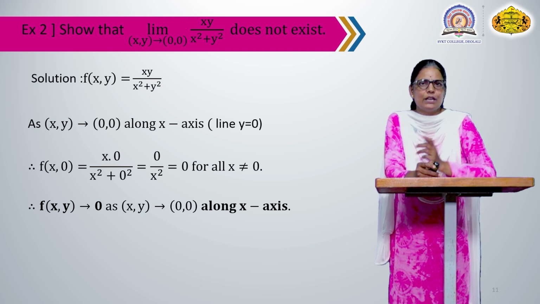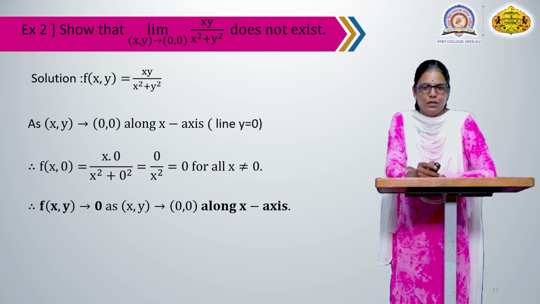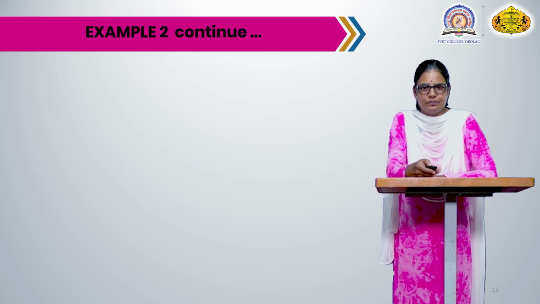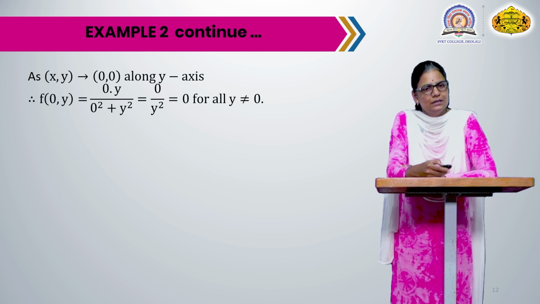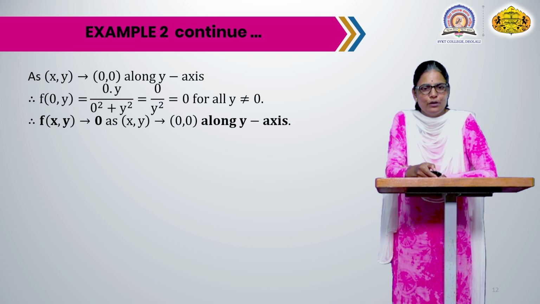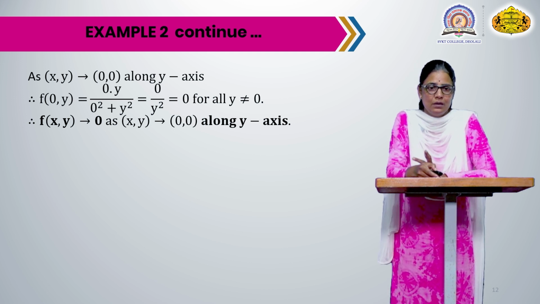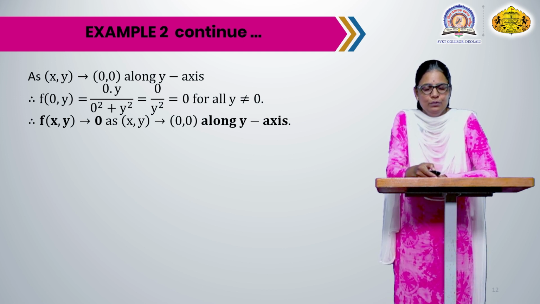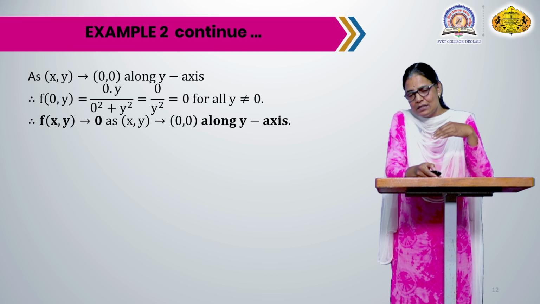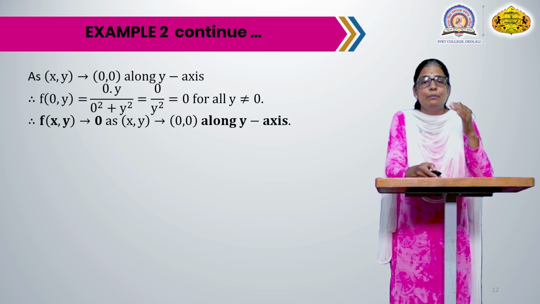Similarly you can find the limit of the given function along the y-axis. It is easy to find. So again we get that the limit of the given function along the y-axis is 0. Now see here, in this example the limit along the x-axis is 0 and the limit along the y-axis is also 0, but we can't say that the limit doesn't exist.